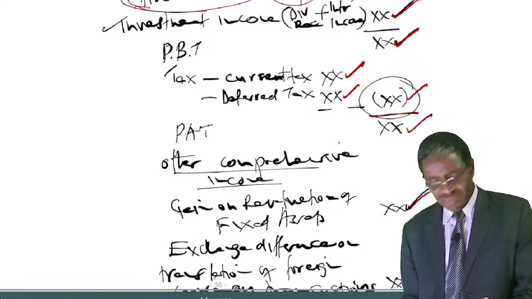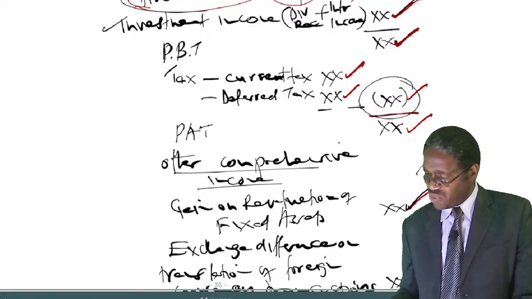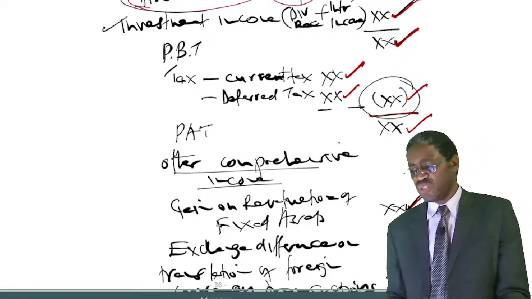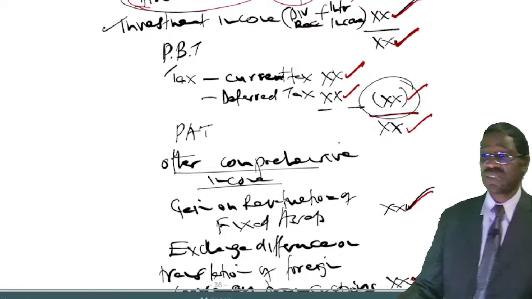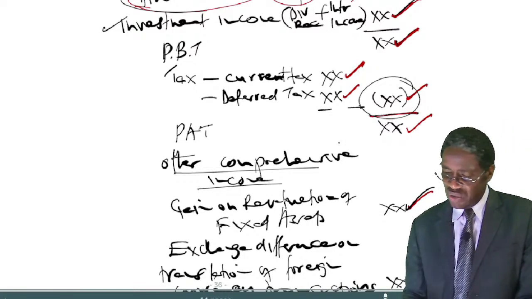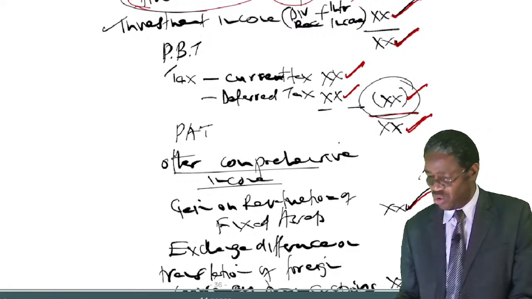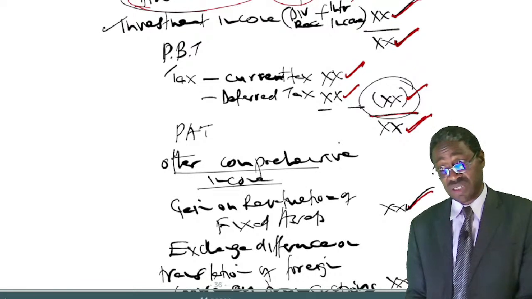Good. After you get the tax expense for the year, we said you now come and deduct. Once you deduct it, now you get what we are calling profit after tax.